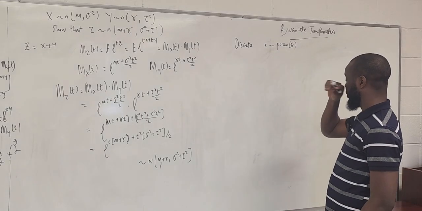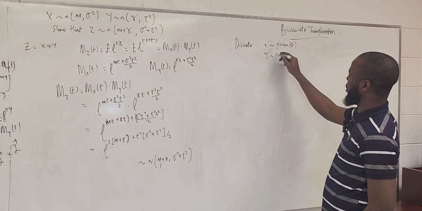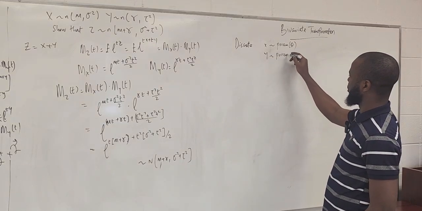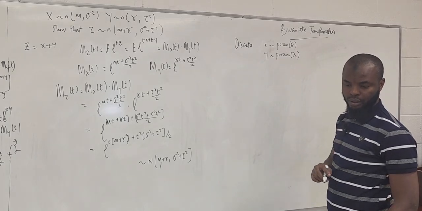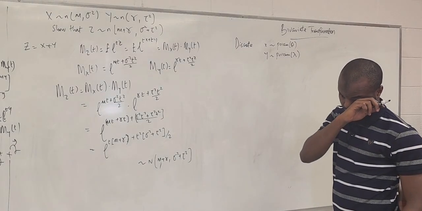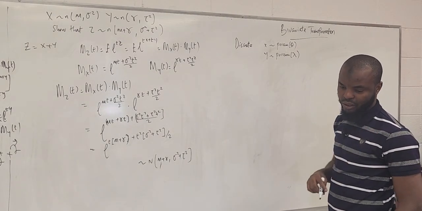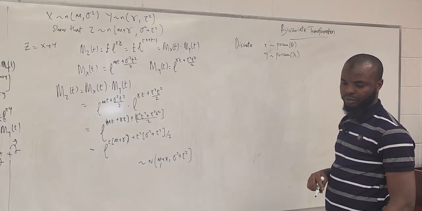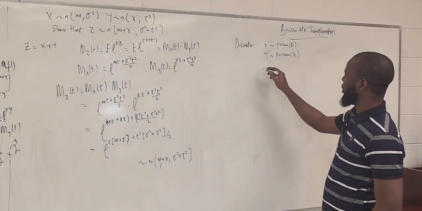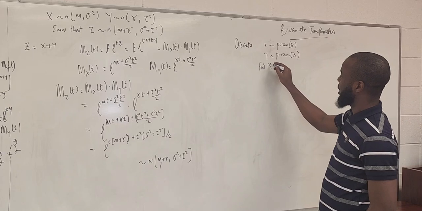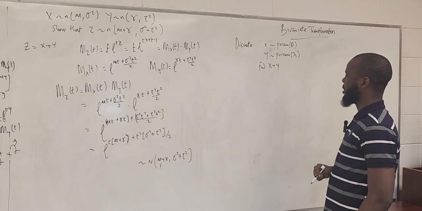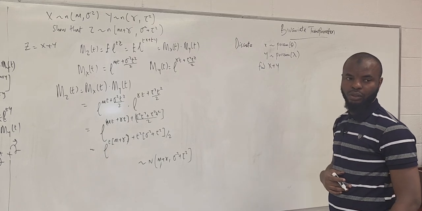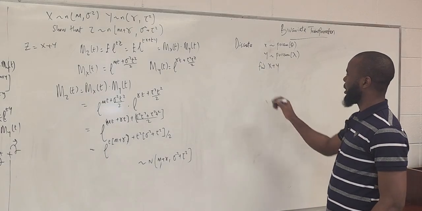You have Y also follows Poisson lambda. And you want to find X plus Y, right? Yes, find X plus Y. So addition of the two distributions.